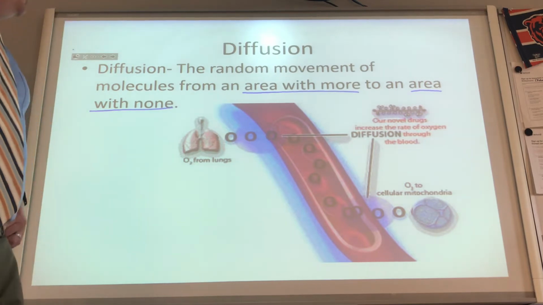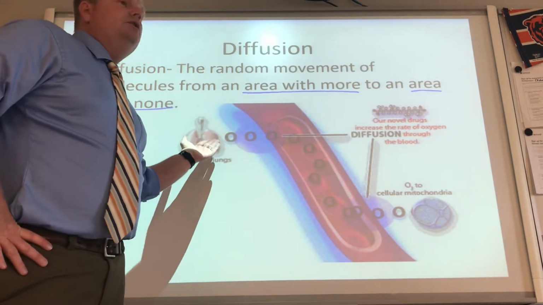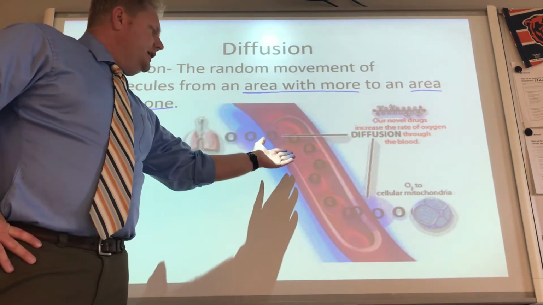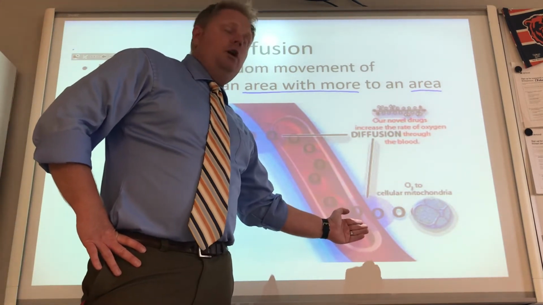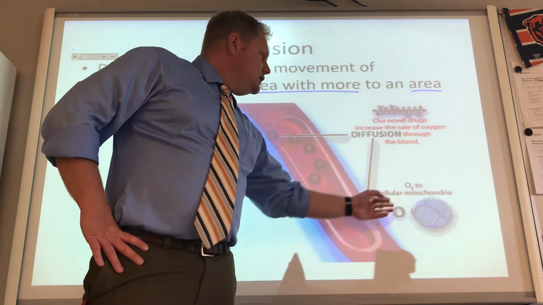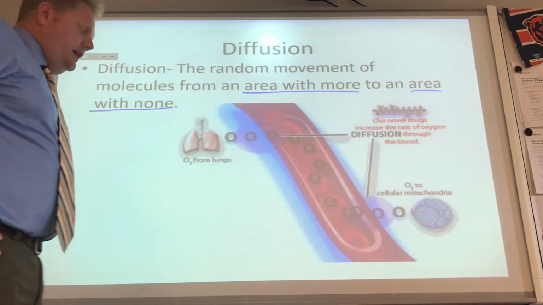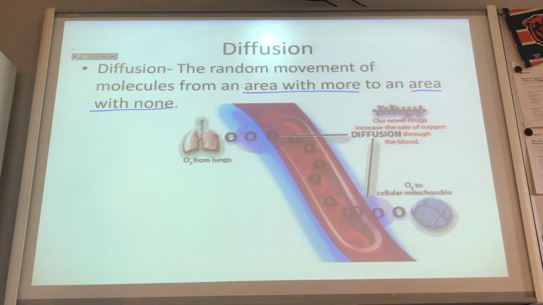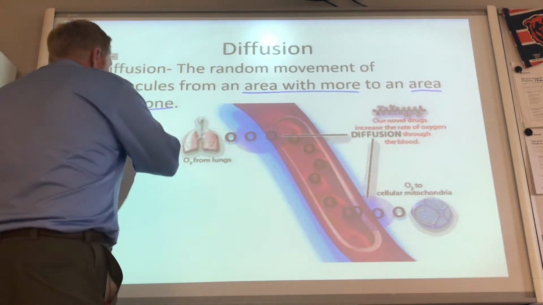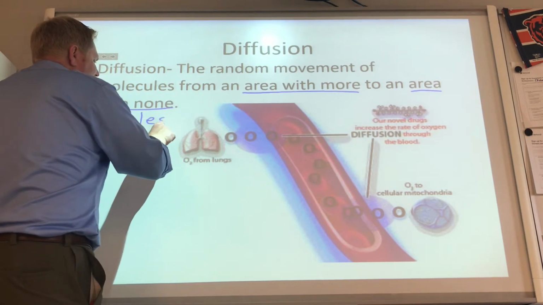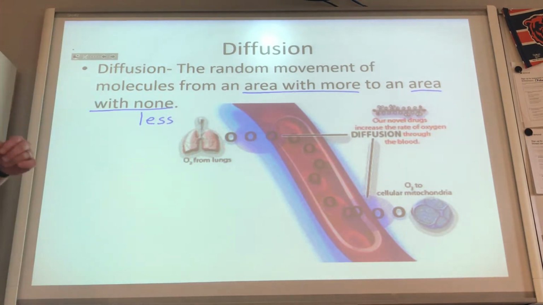Oxygen moves from an area of more in your lungs to an area of none in your blood. And then when your blood gets to the cells, it goes from an area of more in the blood to an area of none in the cell. So diffusion goes from an area of more to an area of none or an area of less. Okay? Always goes from more to less.